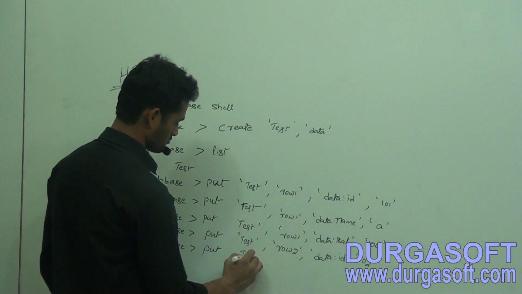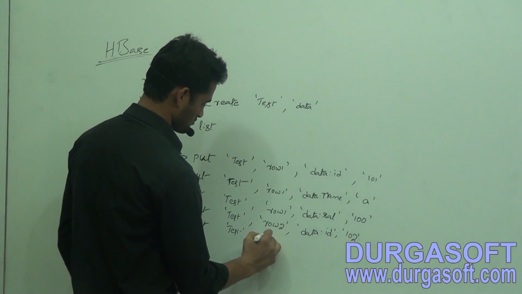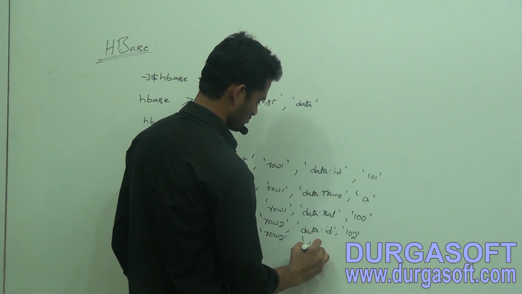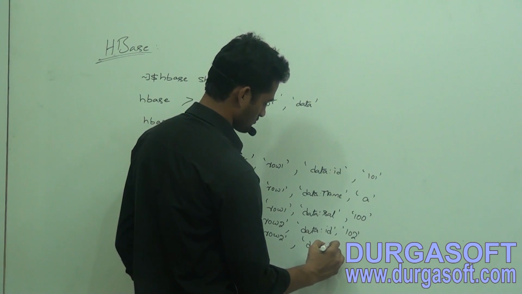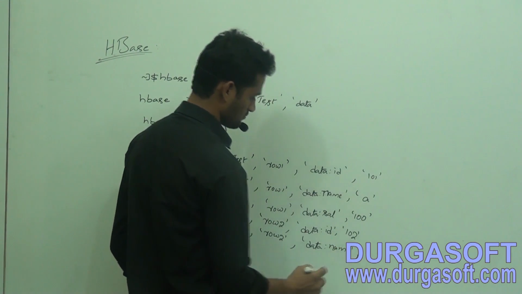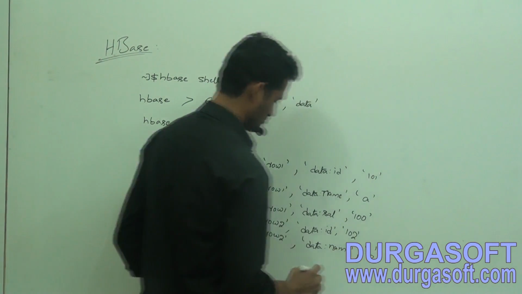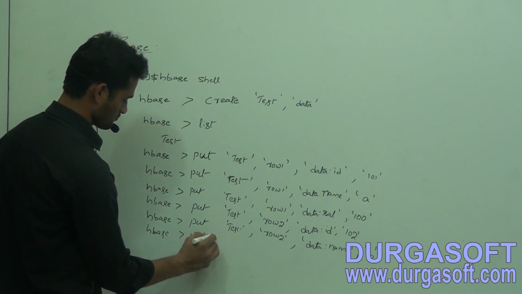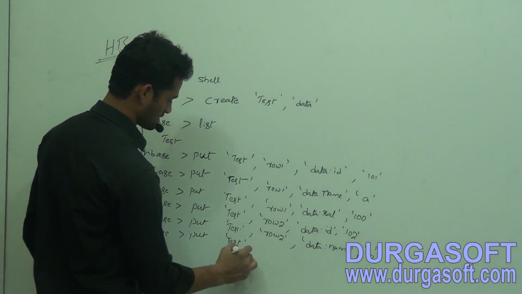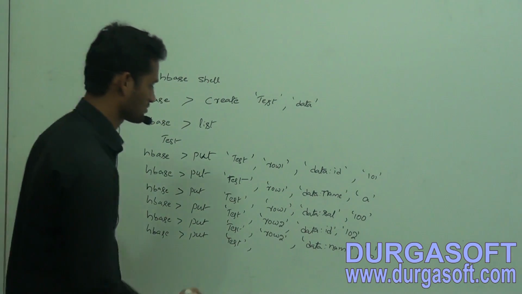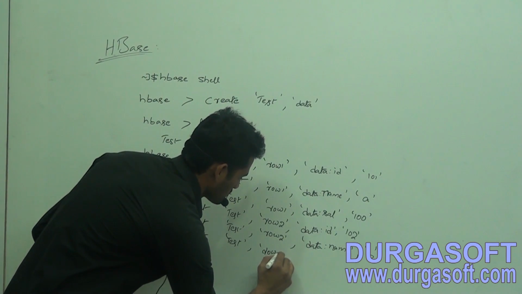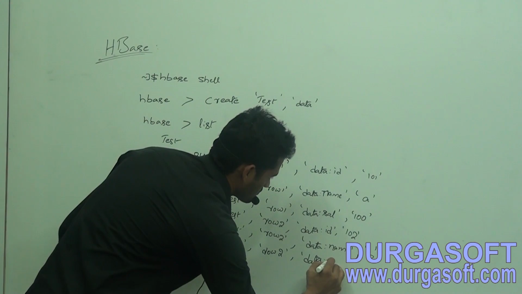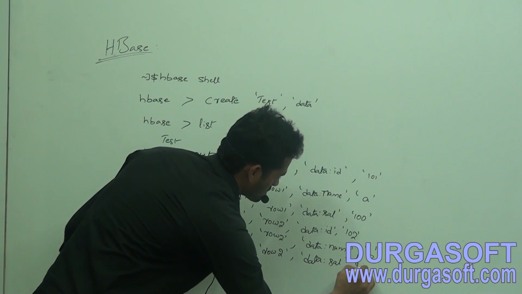Put test, row 2, data colon name, B. Next, HBase put, test, row 2, data colon salary, 200.